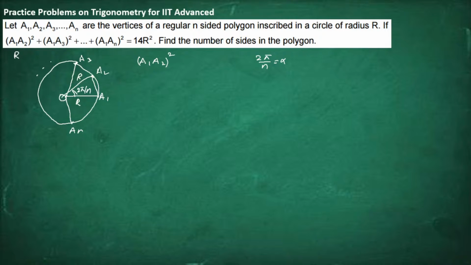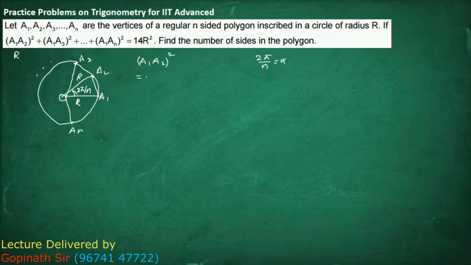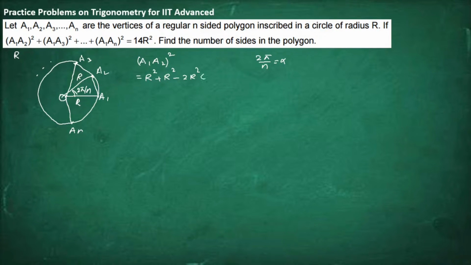Now A1A2 square, from the properties of triangle, is nothing but OA1 square plus OA2 square minus 2 OA1 OA2 into cos of the angle between them. So in this case it will be R square plus R square minus 2R square cos alpha. Am I correct?